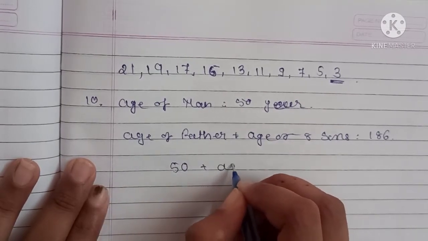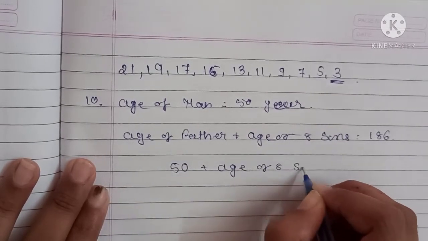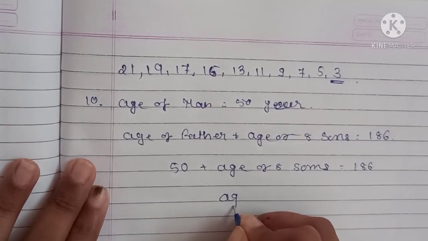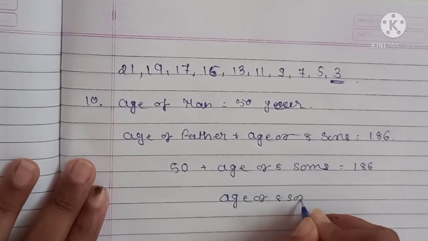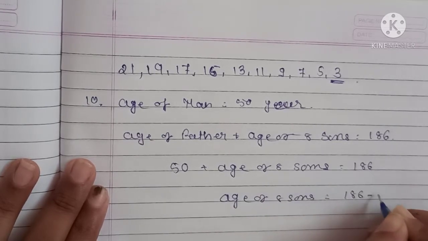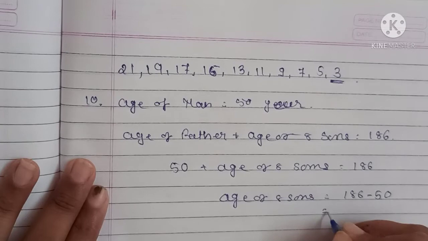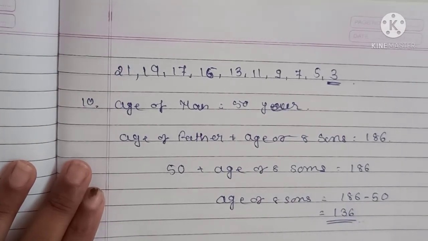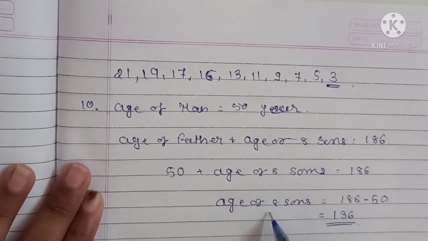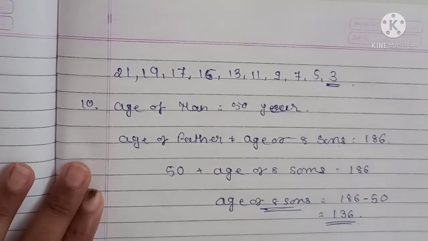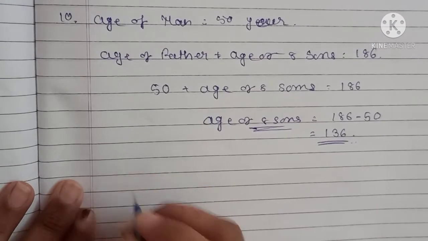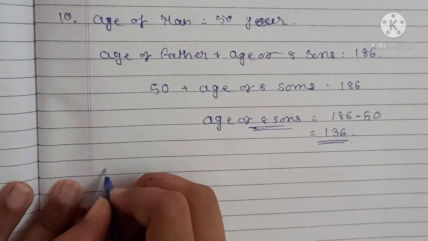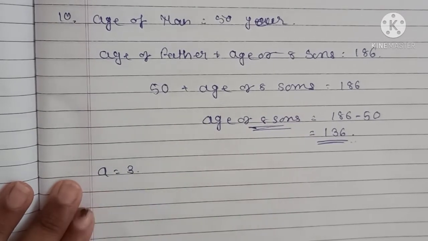So 50 plus the age of 8 sons will be 186. Age of 8 sons is equal to 186 minus 50, that is 136. That means the total age of the 8 sons is 136, and the youngest son, the smallest one, that is A, is equal to 3. He is 3 years old.